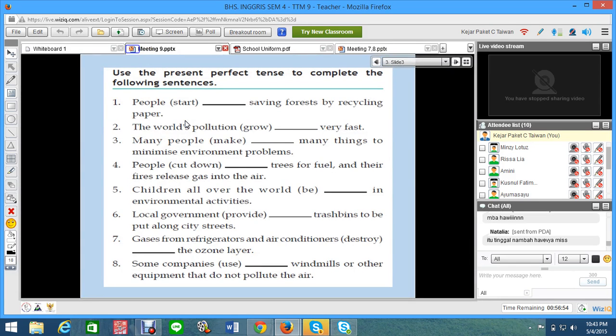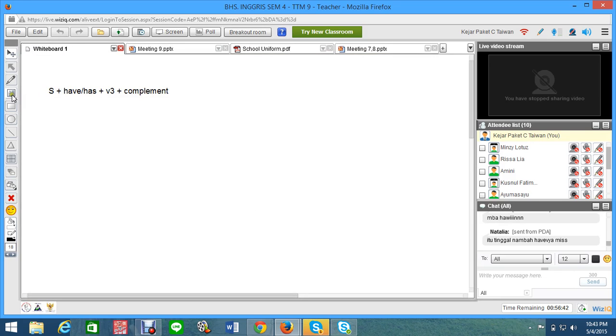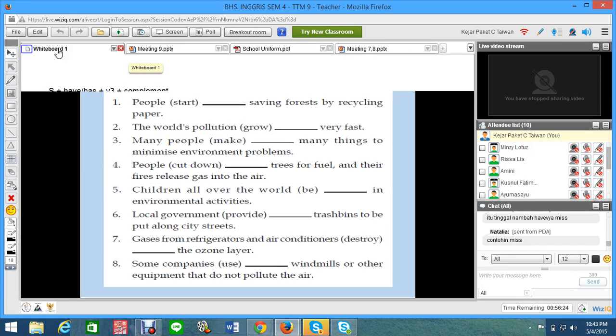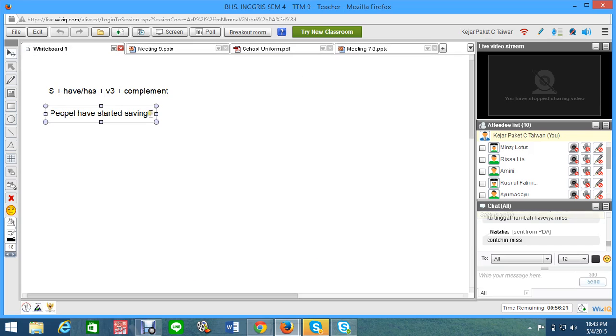This one, people. Okay, here. Okay, so the answer number 1 is people have started saving forest by recycling paper.